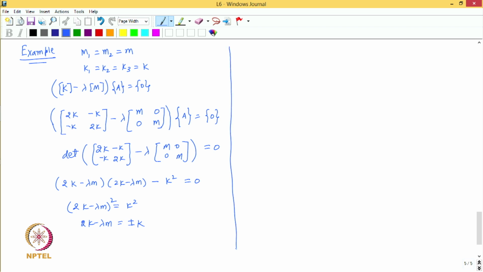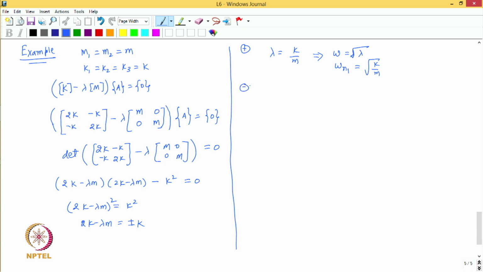So, if I solve for lambda, then what do I get? Let us say if I take the positive sign, then I have lambda is equal to k by m. Because the natural frequency omega is the square root of lambda, the first natural frequency, which we represent by omega n1, with subscript n used to represent the natural frequency, would be simply equal to under root k by m.